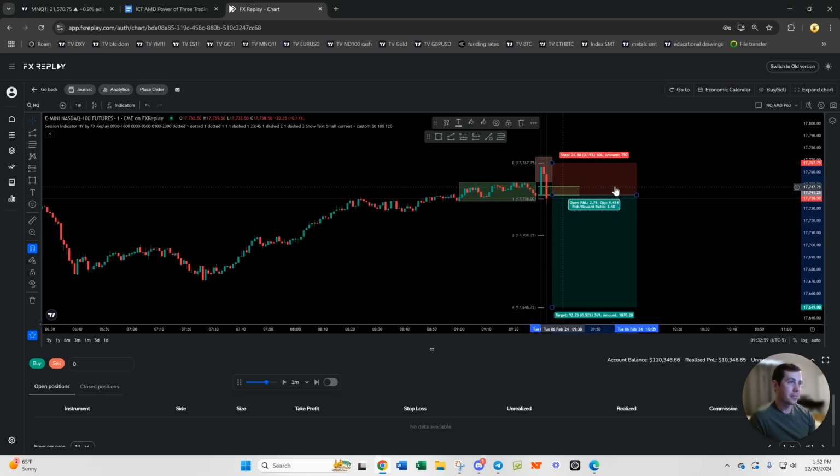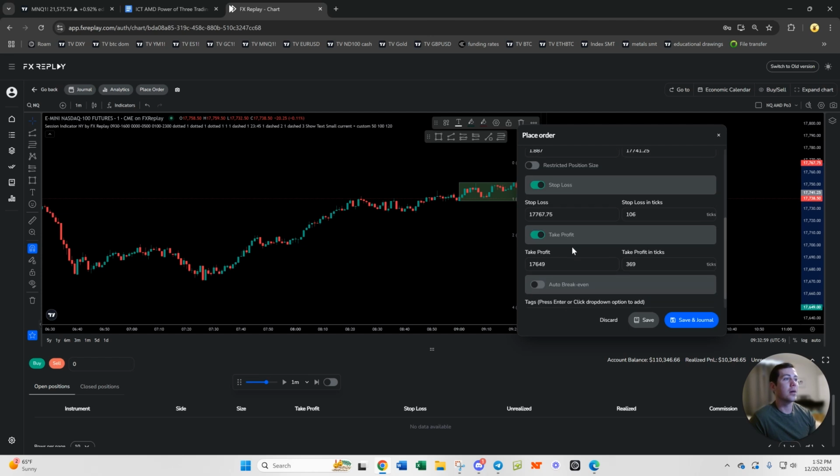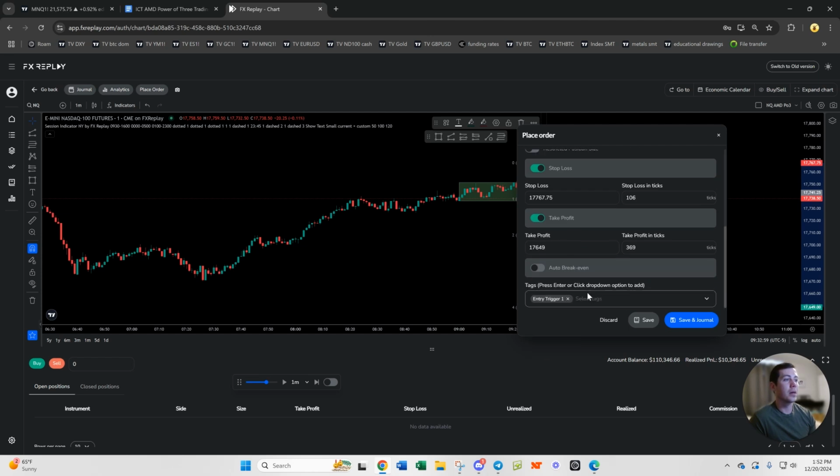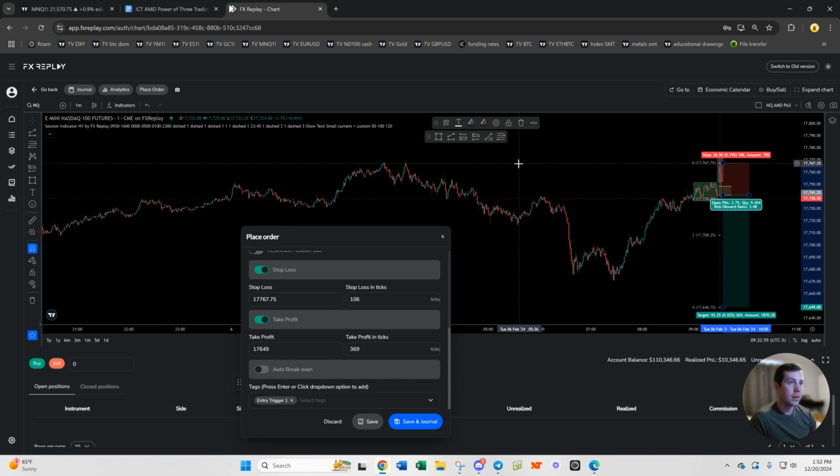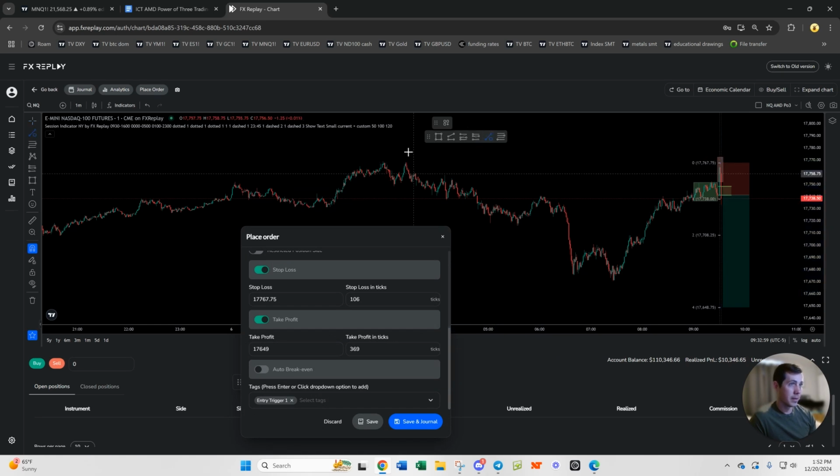So we have a potential fair value gap retracement here. We'll place an order. This is going to be entry trigger number 1, and I believe maybe slight reversal. I have to check this high actually. So the high was 17,769. So kind of a similar case as before.